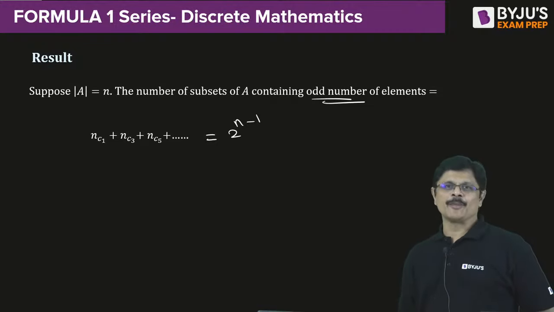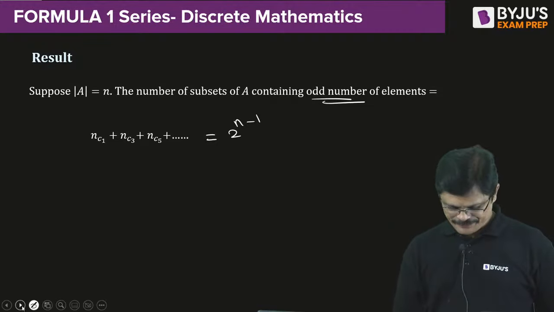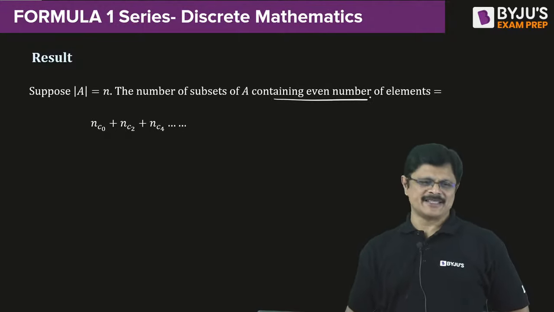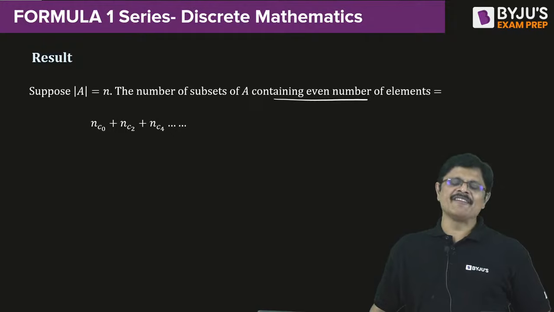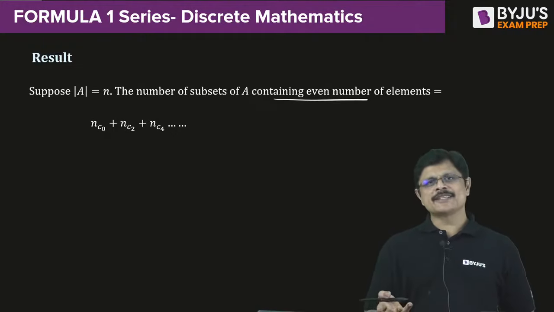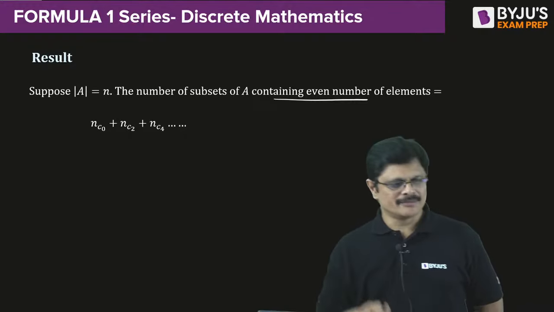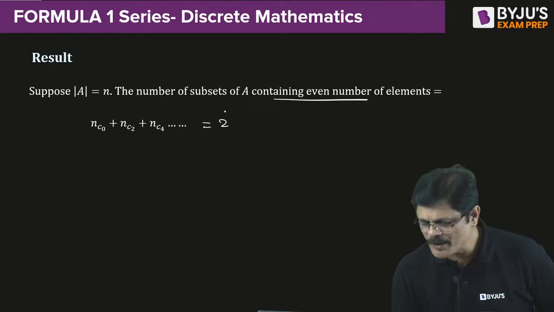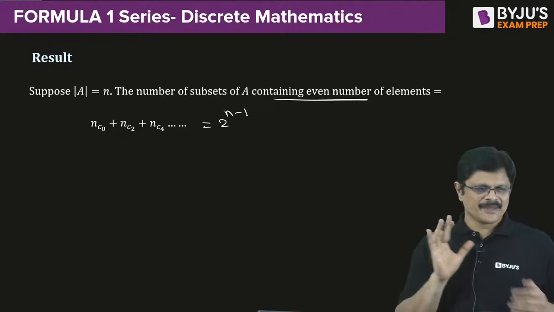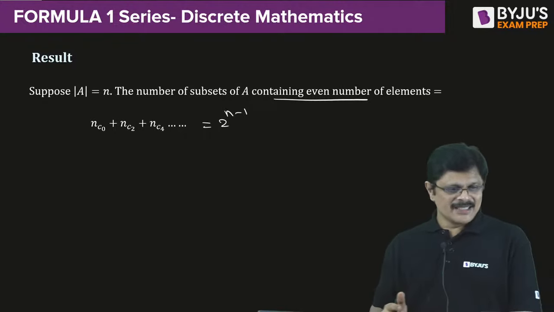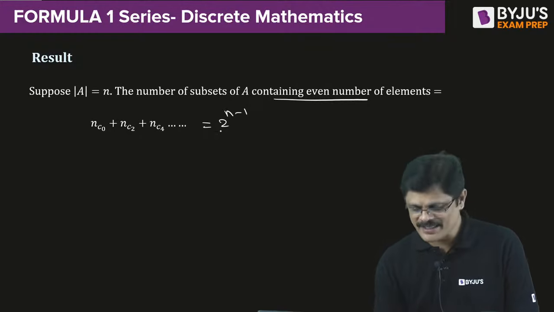And the number of subsets containing an even number of elements, that is 0-element subsets, 2-element subsets, 4-element subsets and so on, is also 2 power n minus 1. Are you able to follow? That's it. This is a formula.